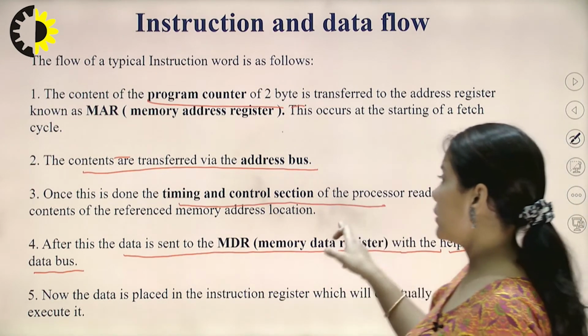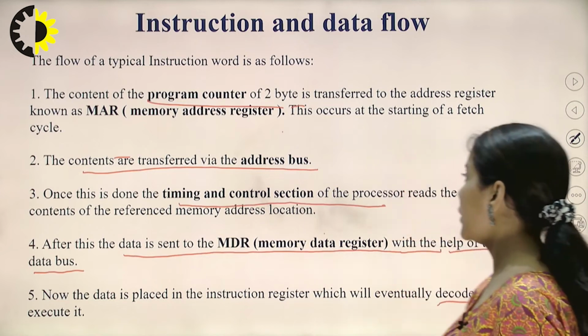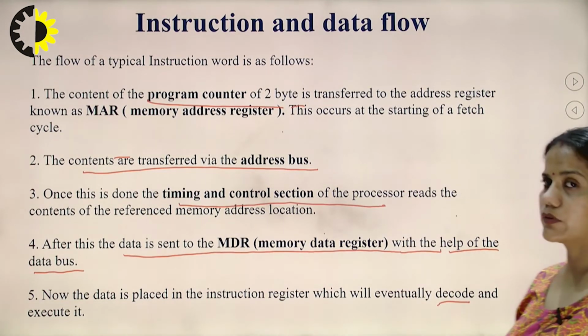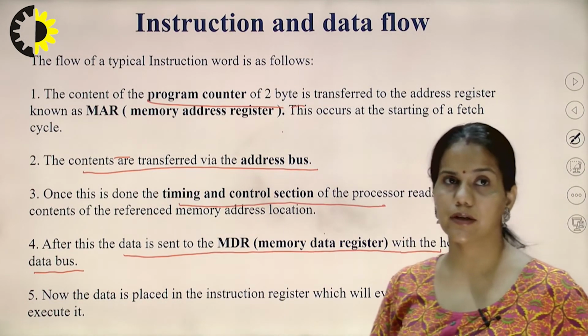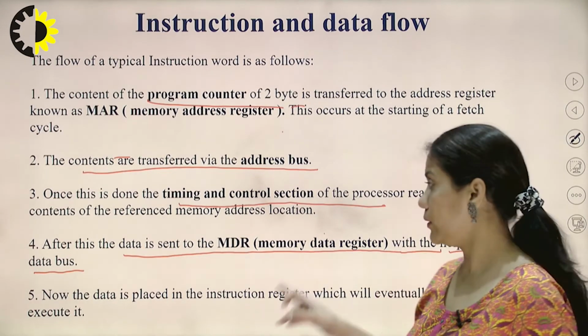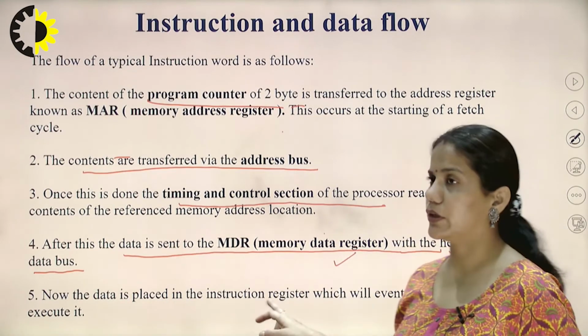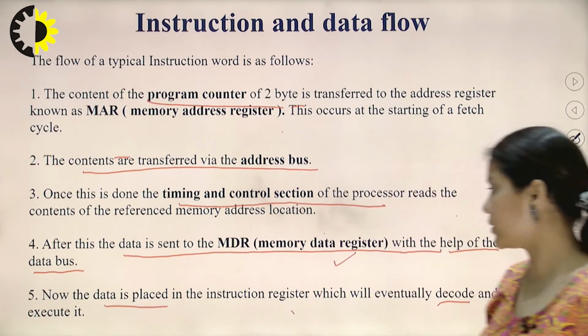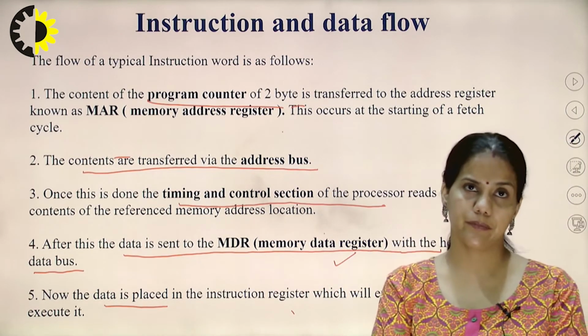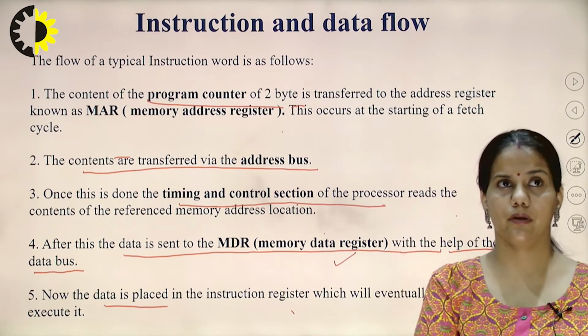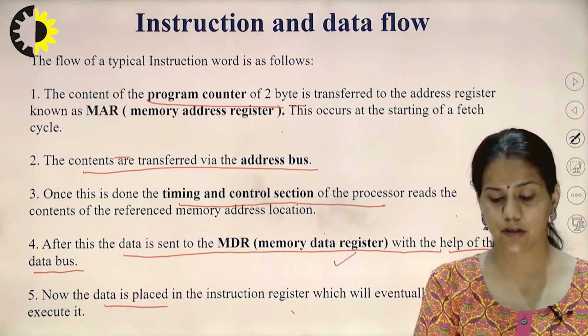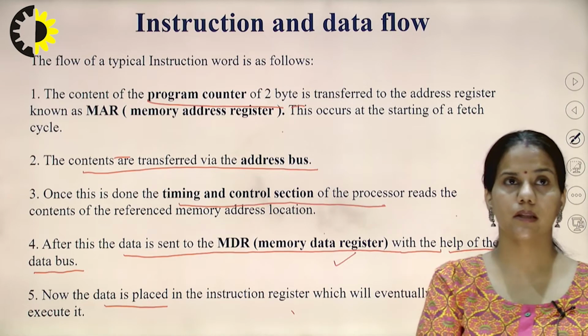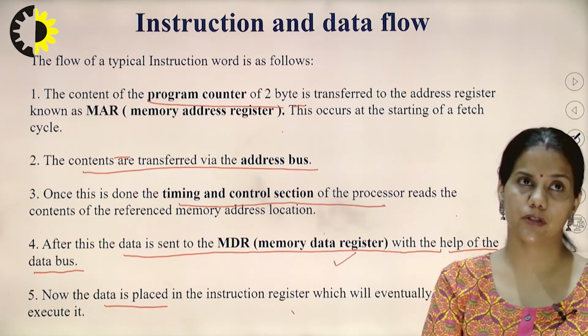Once this is done, the timing and control section reads the contents of the referred memory location, and those contents are sent to the memory data register, and now the data is placed in the instruction register, which will eventually be decoded and executed. So in this way, the instruction and the data flow takes place in any microprocessor operation.